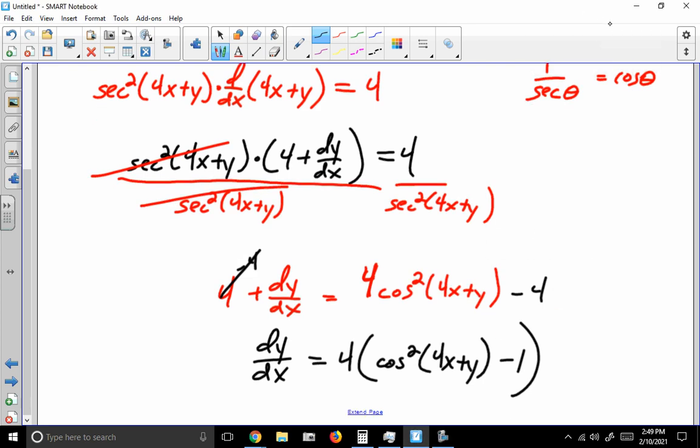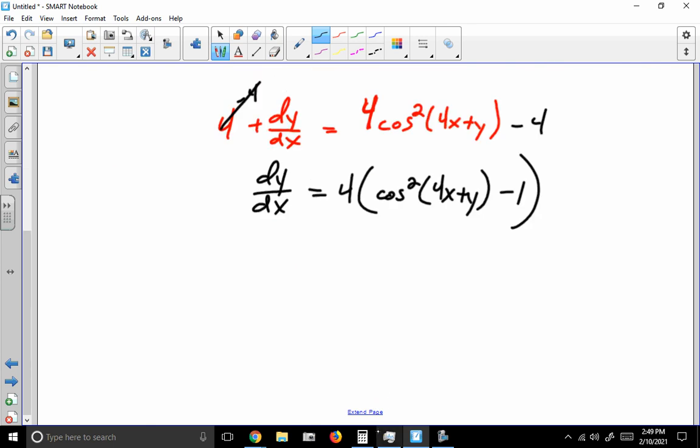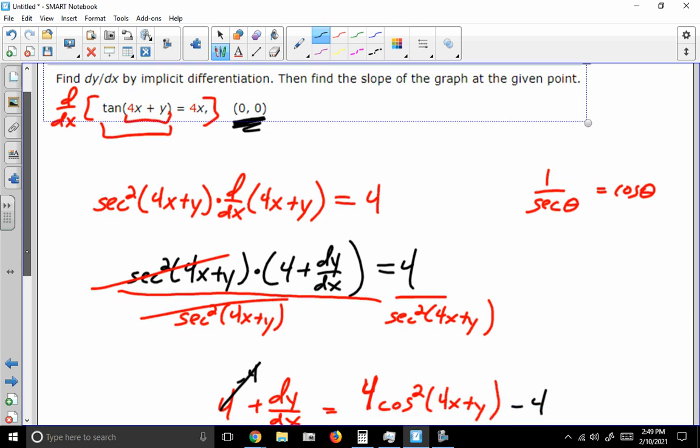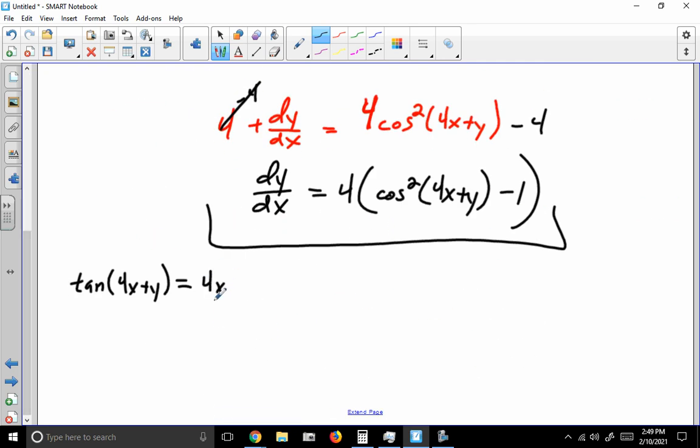Now, in their answer, whether I like it or not, they express their answer differently. They actually express their answer without a trig function in it. Now, it doesn't per se matter. I would be fine with this. But if they don't take it, let's keep in mind that tangent of 4x plus y equaled 4x.